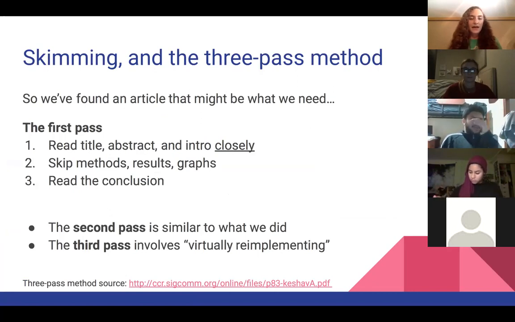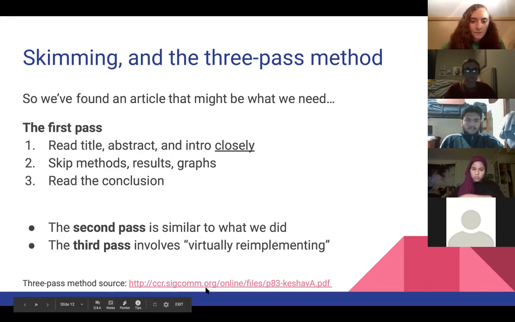In the first pass, we read the title, the abstract, and the intro really closely. You skip the methods, the results, and graphs, and go straight to the conclusion and discussion section. Then in the second pass, you read just those 4 sections again.